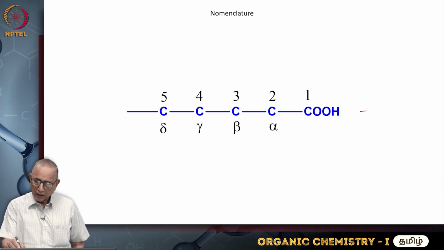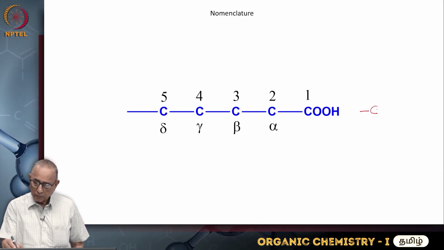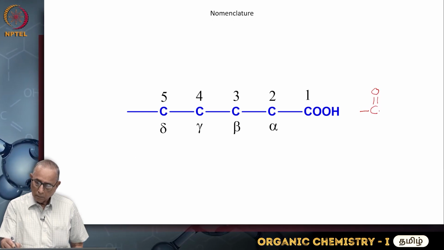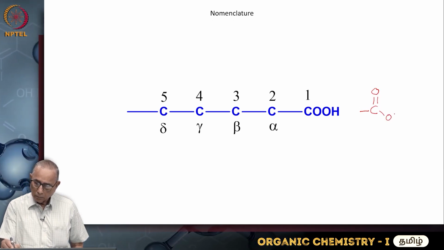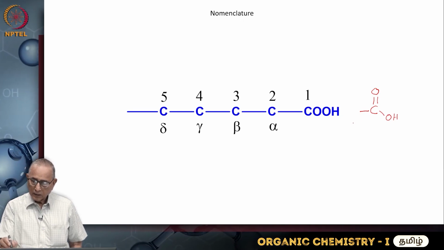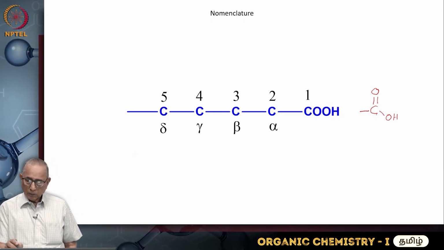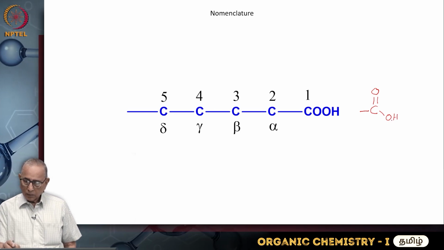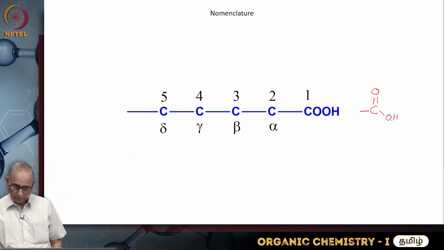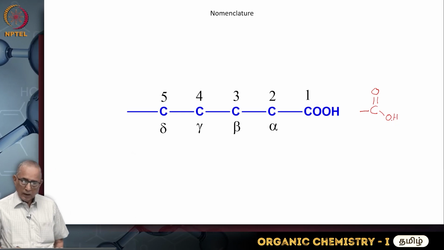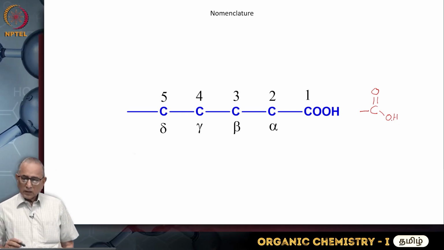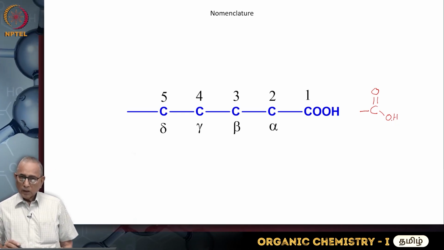Actually the bonding is like this: C double bond O, and to the same carbon an OH group is attached. So it is a combination of both the CO group and the OH group.